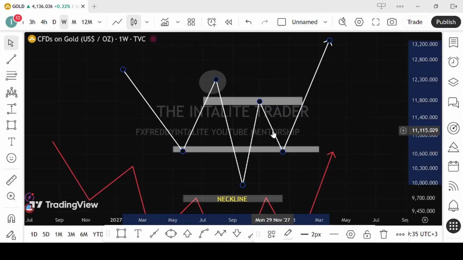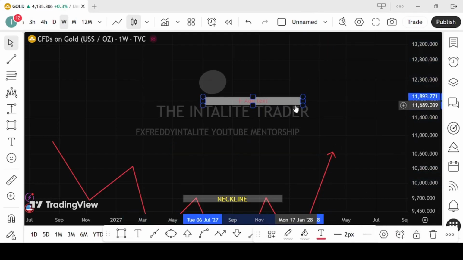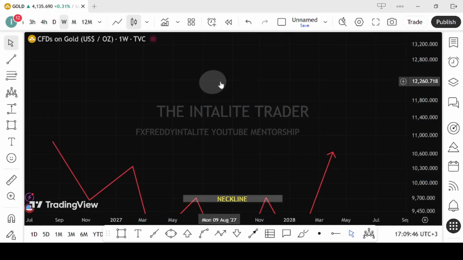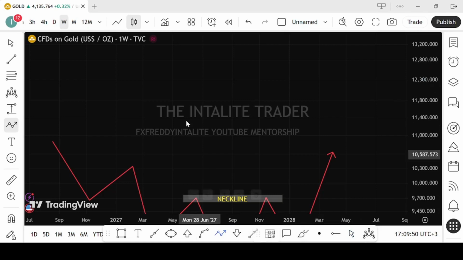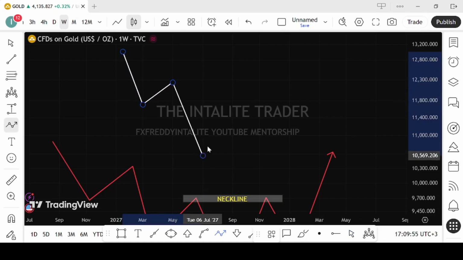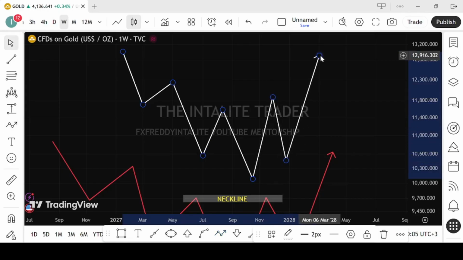There are other variations. The other variation, and the high quality one, is when you have price in a clear and moving downtrend, it gives you a higher high, and then it comes for a higher low, it goes up.